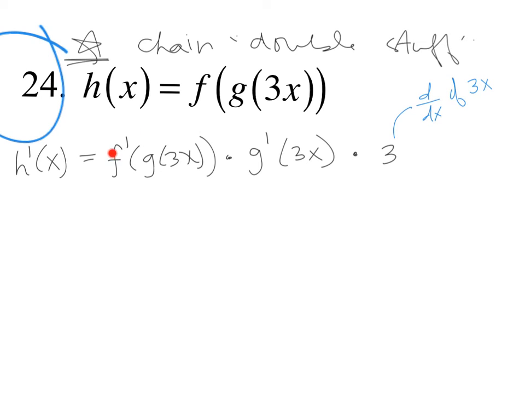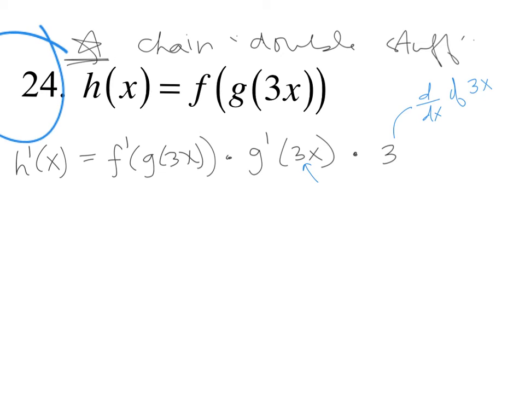So d outer, again, d stuff, or d outer, d first layer of stuff, d second layer of stuff. Because since it's not g prime of x, then we'd be multiplying it to 1, the derivative of x. It's g prime of 3x, so we have to multiply it to 3, the derivative of 3x.